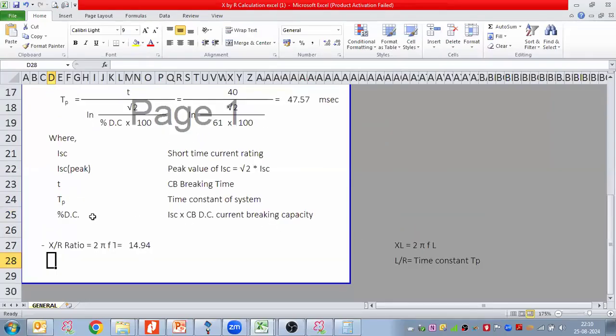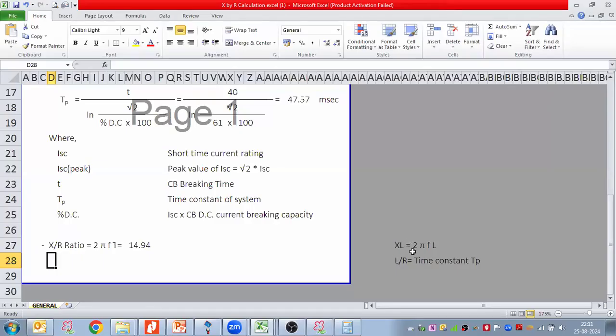TP is the time constant, and the time constant we can rewrite as L by R. So the time constant 47.5 millisecond equals XL, 2 pi FL, divided by R. We write this TP as L by R, and we want to convert this L into XL format.